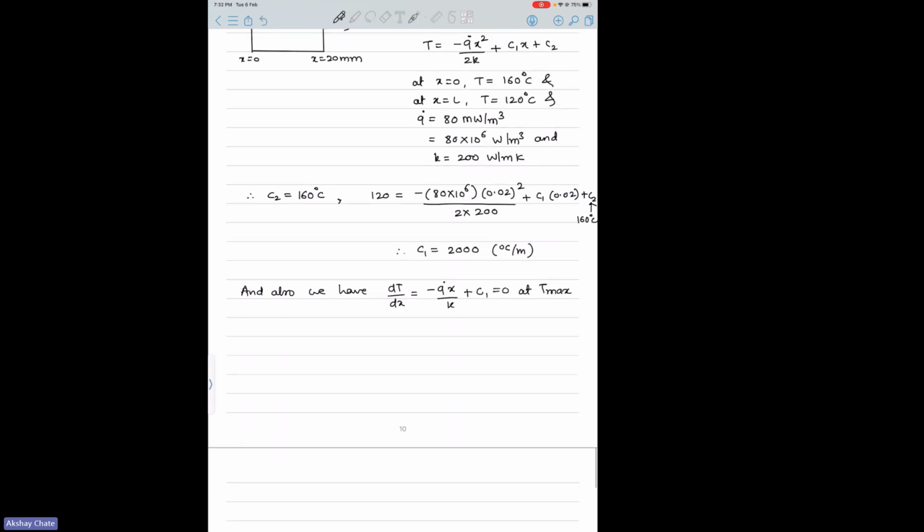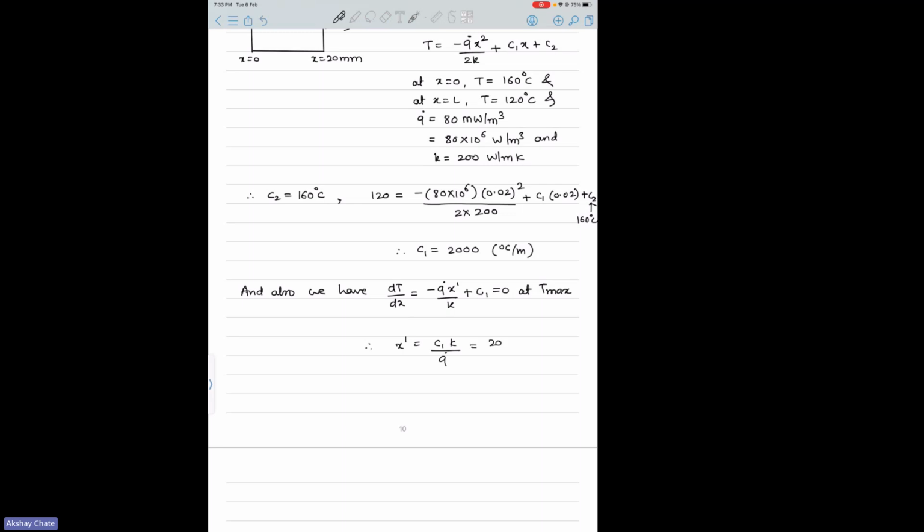So now we can put the things and get x, let's say x prime, where T is equal to Tmax. Therefore x prime will be nothing but C1 into k by q dot. Just a manipulation.